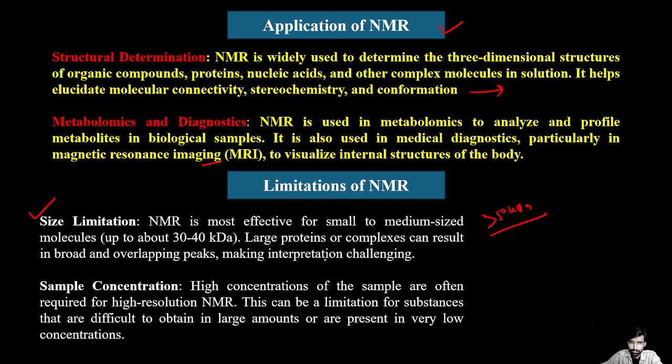As soon as you take a larger protein, there is too much spectra, too much analysis, it's quite challenging. Another limitation is the sample concentration. A higher sample concentration is sometimes required. That's quite not possible because you don't have that much protein. Then how can you determine the structure? It's quite difficult in that case.